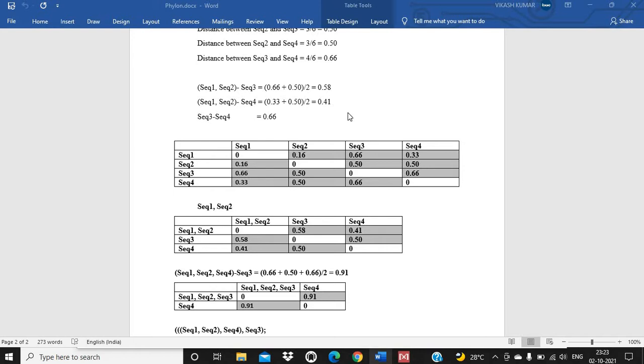So how will we calculate that? First we calculate the distance between sec1 and sec3, and then the distance between sec2 and sec3. When we have those distances, we take the average of them. This is the distance between the combined group and sec3. For sec4, we repeat the same.